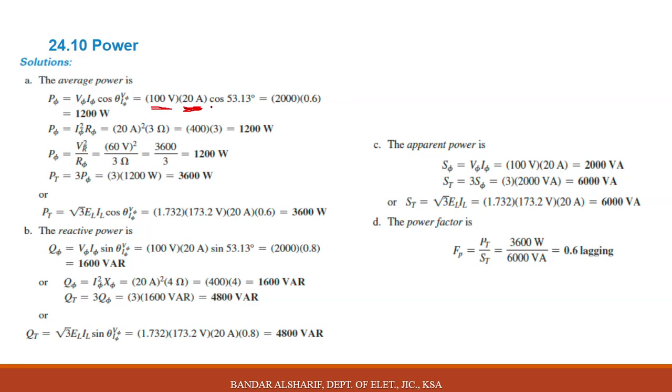100 by 20 by cosine 53.13, you will get 1200 watt. We have another option, as we mentioned before, either I squared by R or V squared divided by R. I squared, we said 20 squared multiplied by R, which is 3 ohm, you will get 1200 watt, similar to the first answer.